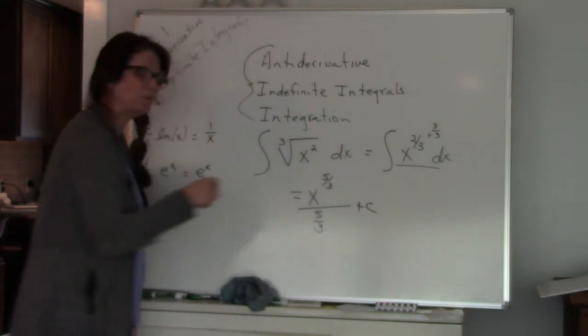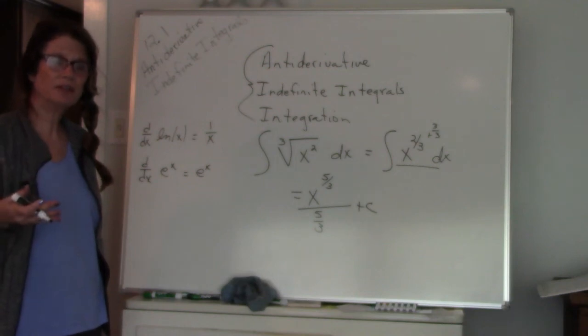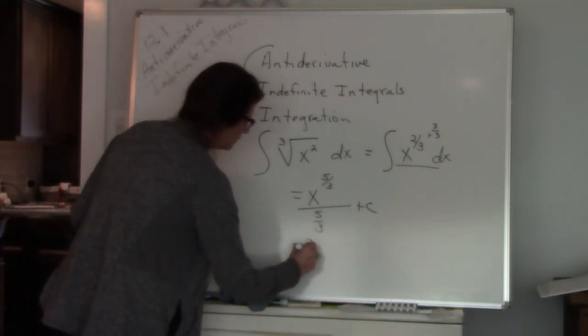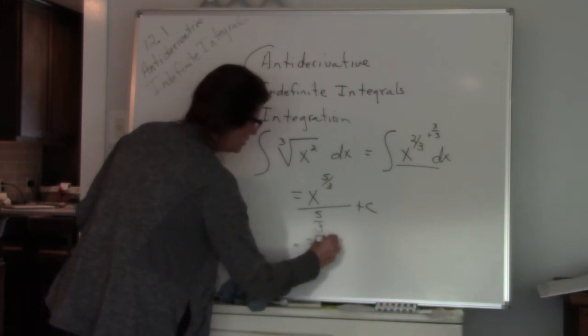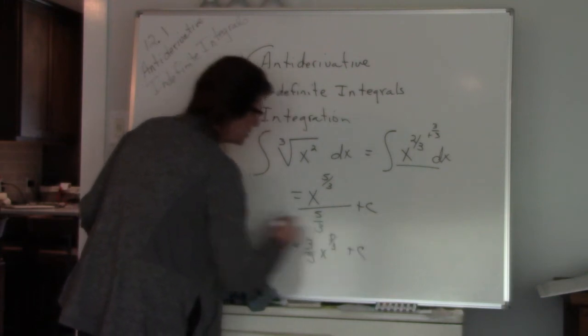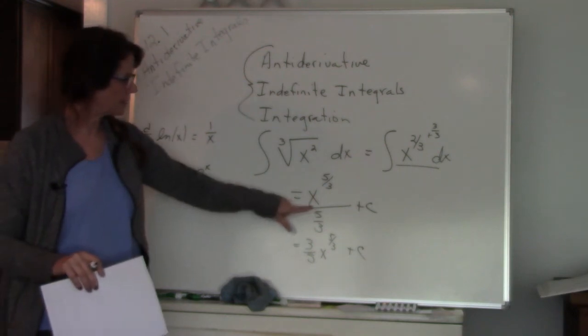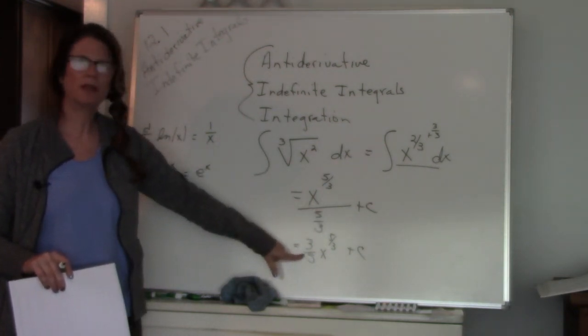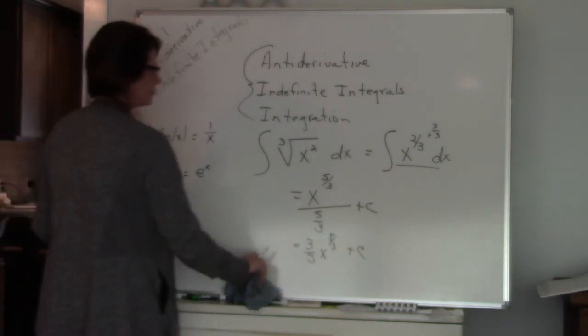Okay, and so as you remember, when you divide by a fraction, you flip it and multiply. So this is actually 3/5 x to the 5/3 plus c. So all I did is I took this divided by 5/3 and I flipped it over and multiplied. Okay? All right.